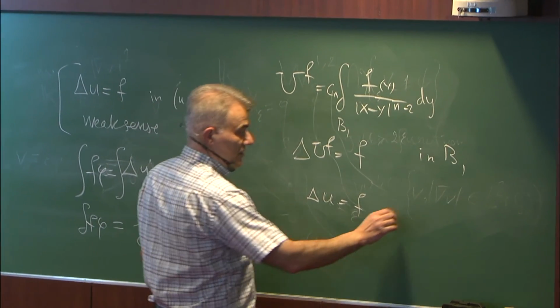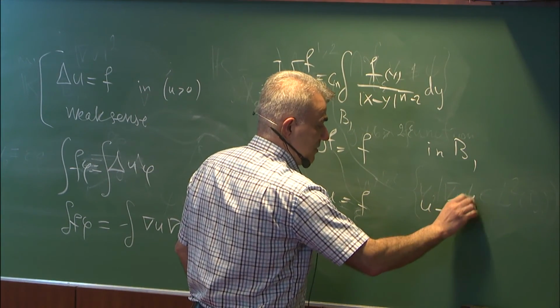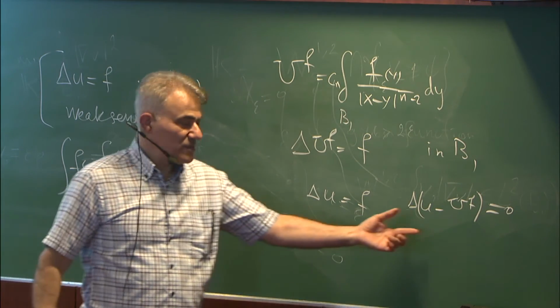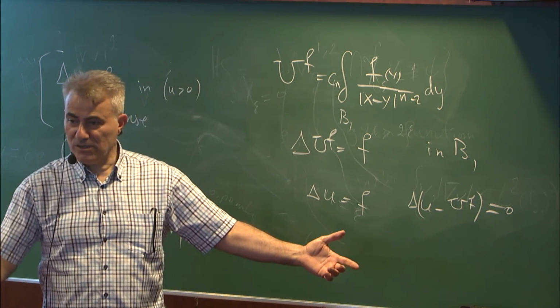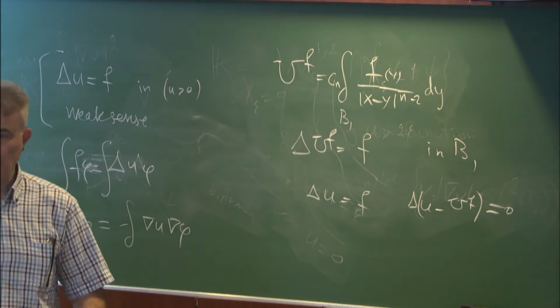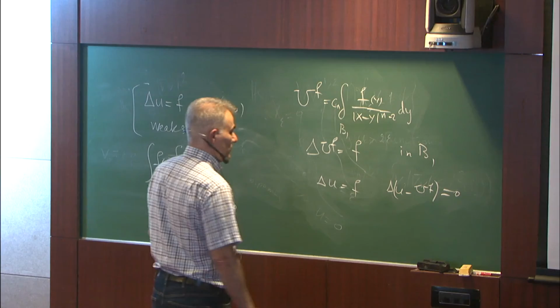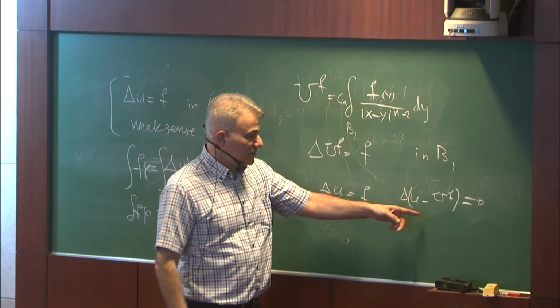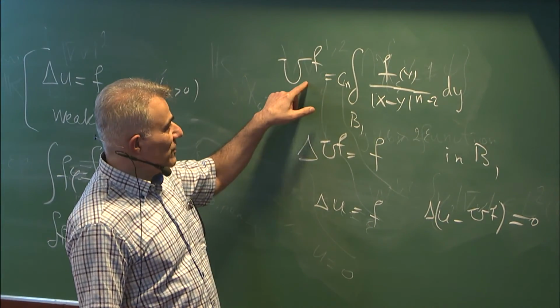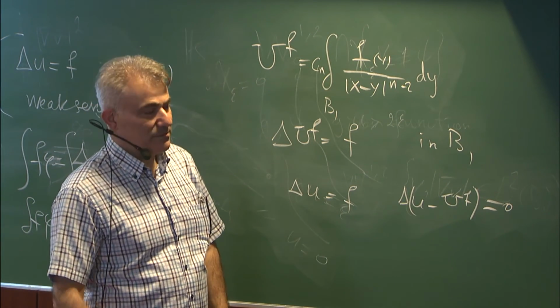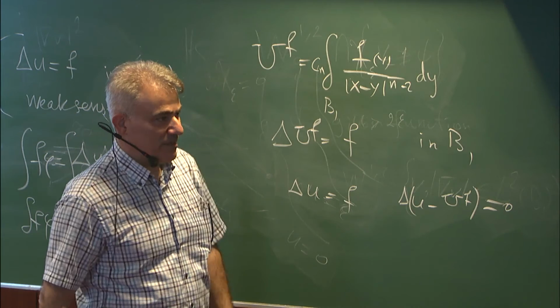So it means u minus u_f is, so this difference is a harmonic function. And the harmonic functions, yesterday we saw, are going to be C2 at least. They're analytic, but C2 is what we're looking for. So this function is C2, and I know that the potential written like this is also C1 alpha.